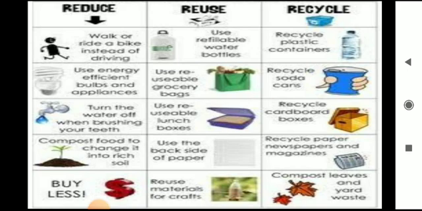We should reduce water use also, as when we are brushing we must turn off the tap. By this we can reduce the use of water. So these are the points by which we can reduce the use of something.